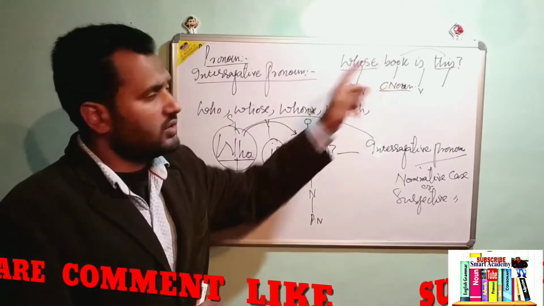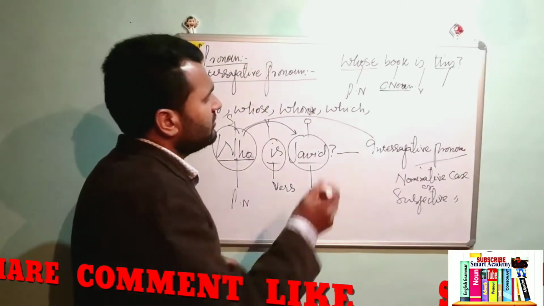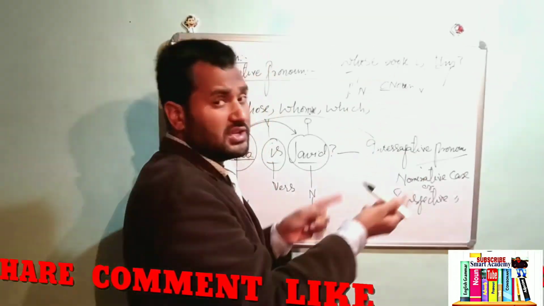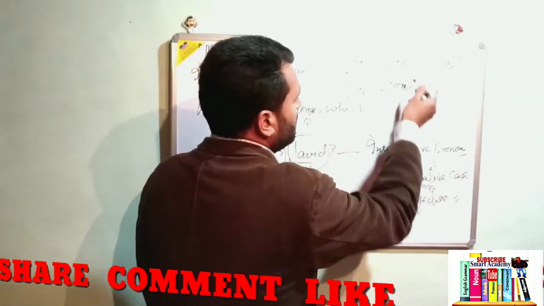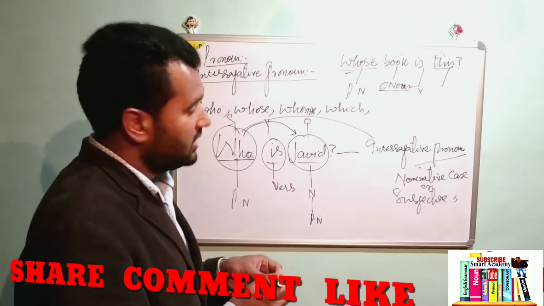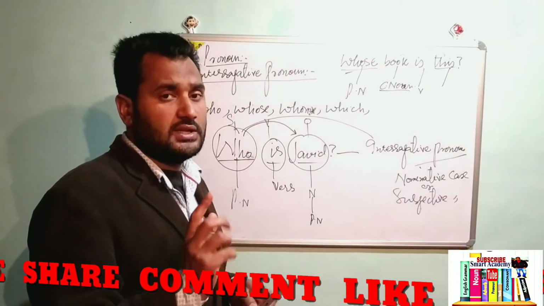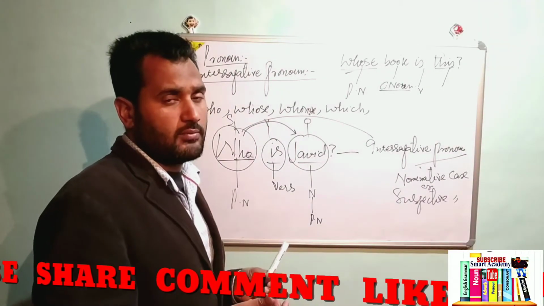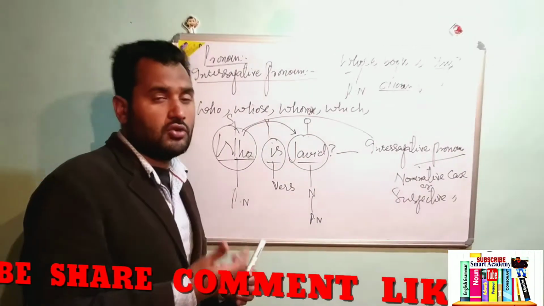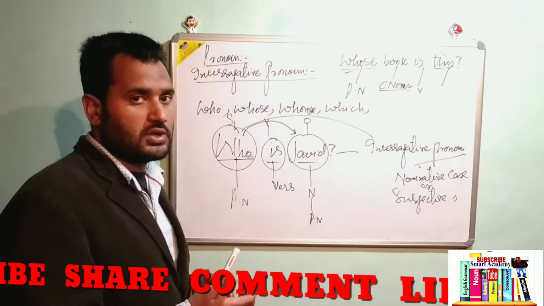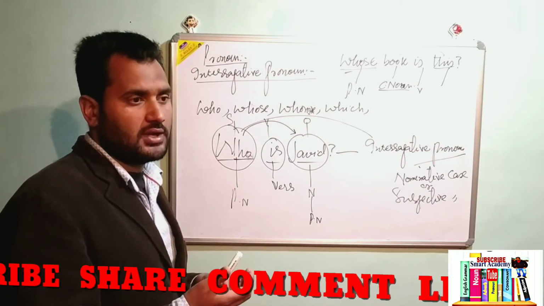This is an interrogative sentence. So this is a pronoun, and this is developing a question in this very sentence. So it will be an interrogative pronoun. That's clear. But now we have to see there are different cases of the noun. There is the nominative case, the objective case, the possessive case.